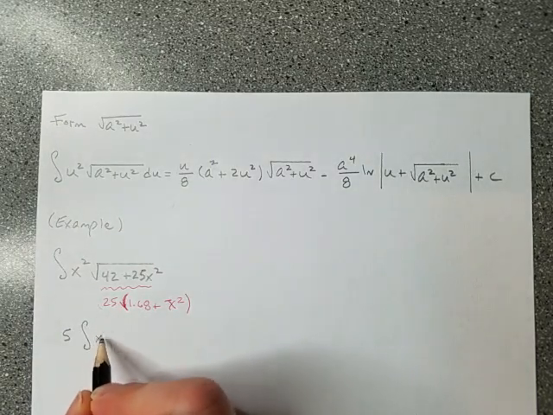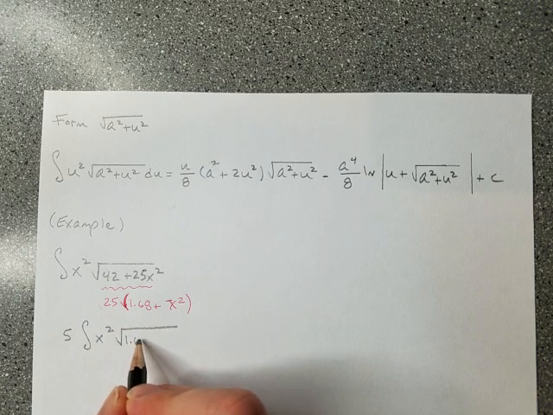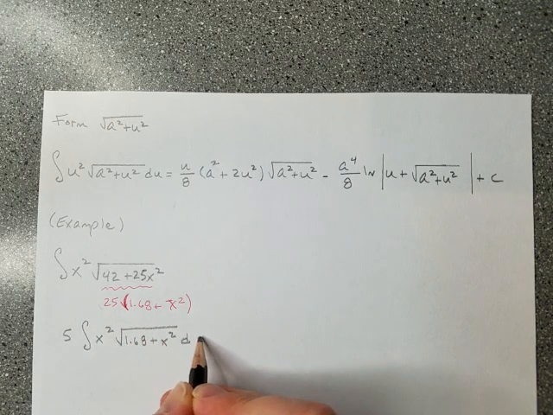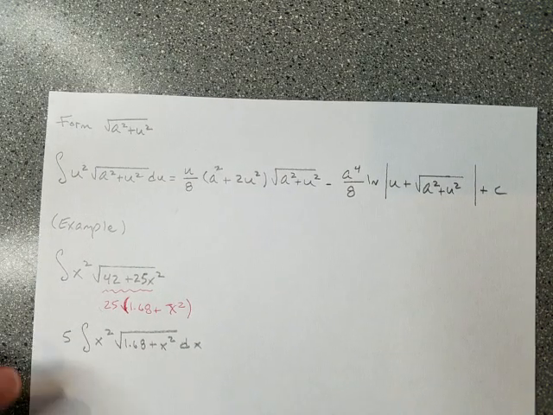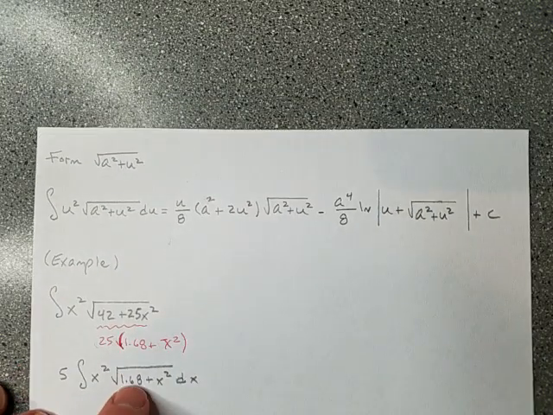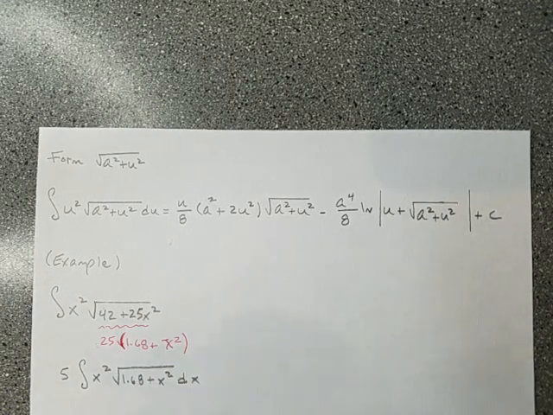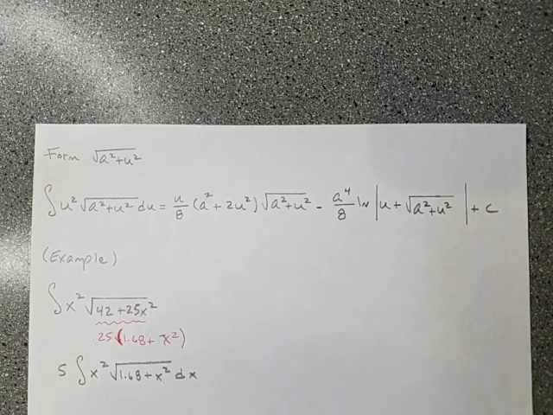So we have the root of 1.68 plus x squared dx. Now I can see it as a fit to this: a squared, where a is a constant, plus the variable x squared. Remember, a is a constant, u is the variable.